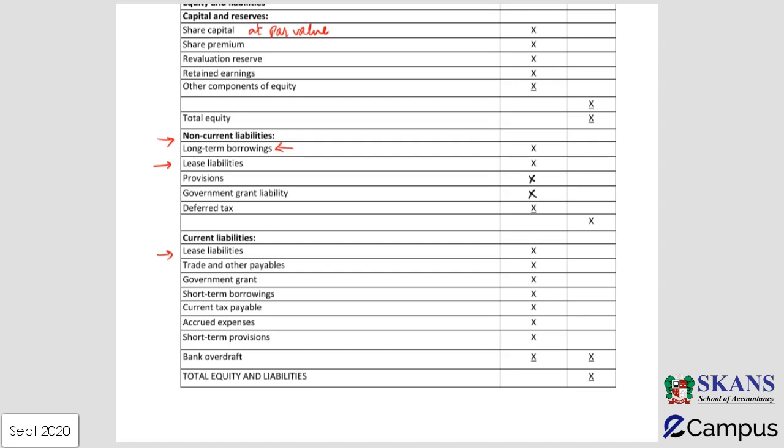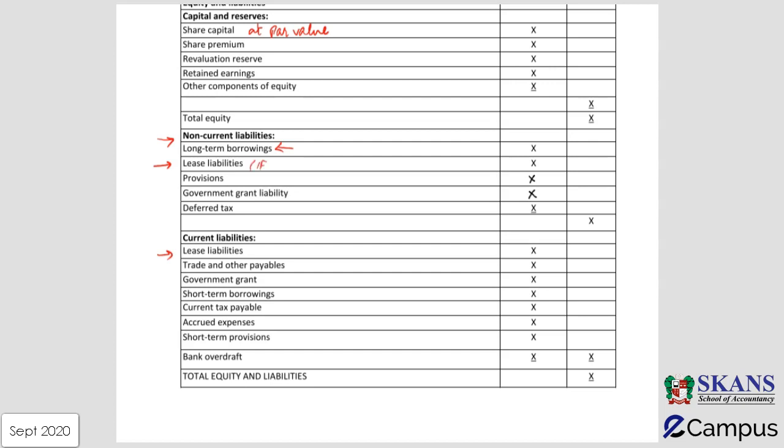Basically, normally leases are for more than one accounting period. So the portion that is payable within 1 year from the reporting date will be shown in current liabilities, and the remaining portion will be shown in non-current lease liabilities. So in one lease liability schedule, one portion is shown in current liabilities and the remaining portion is shown in non-current liabilities. Then we have provisions.